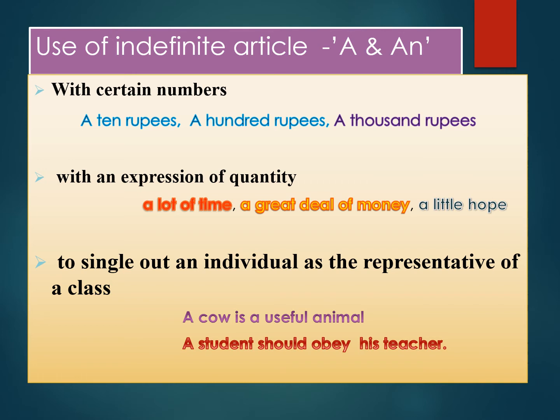Let us see another example. A student should obey his teacher. Here, the noun student represents the whole class of students. That's why before that noun indefinite article a is used.